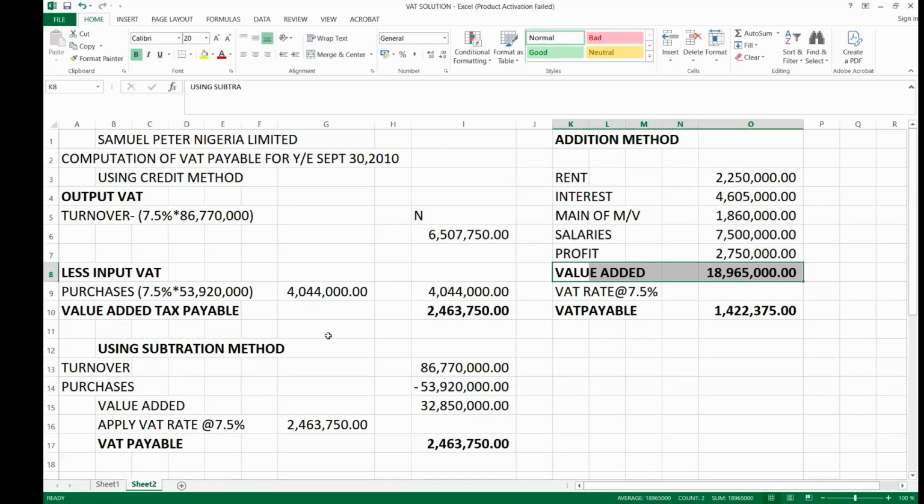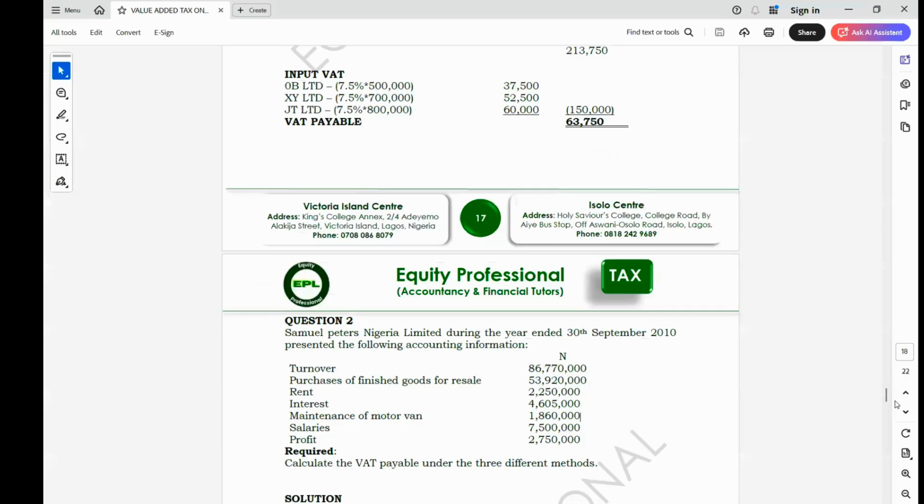Where the examiner did not ask you, you are not to look at the method, but you should know that subtraction and addition are also available methods that can be adopted under the computation of value-added tax. So that is for that.